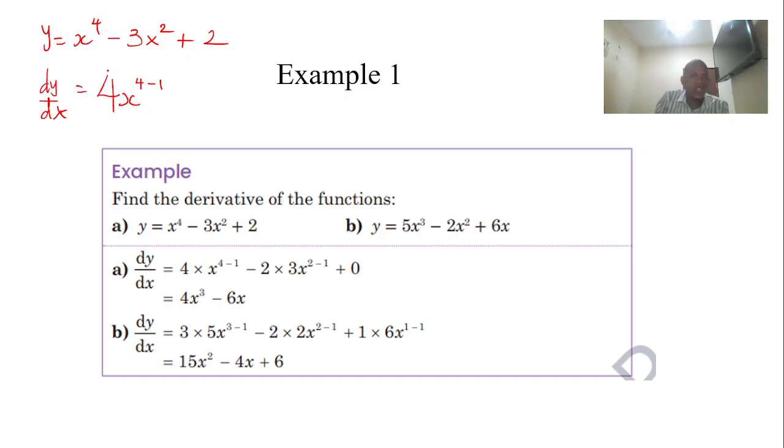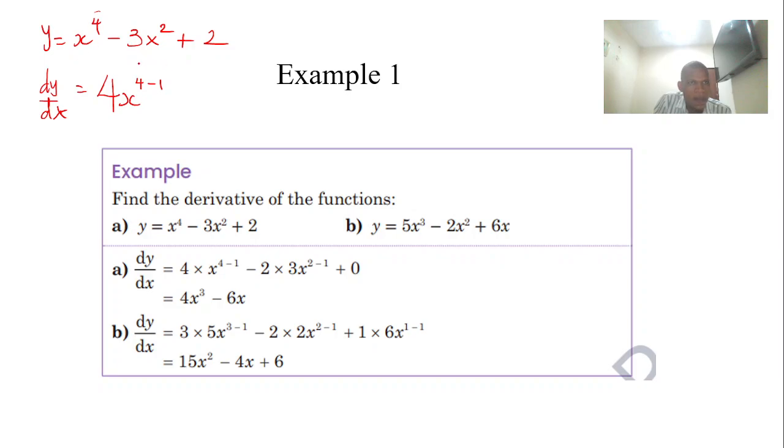So now I brought this 4 to the front, so it becomes a multiplier, so we have 4x. Then you have to reduce. The law says you must subtract 1 from that power after bringing it to the front. So I have 4x to the power of 4 minus 1. Now I'm done with this one.